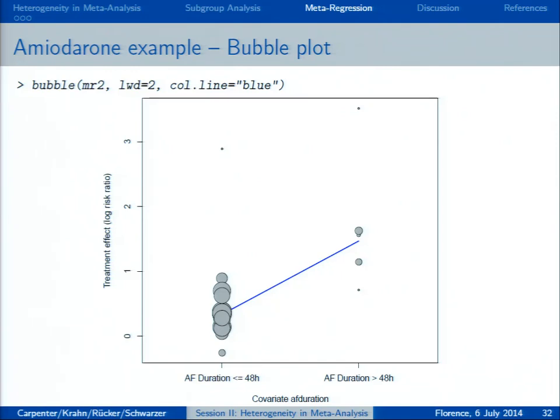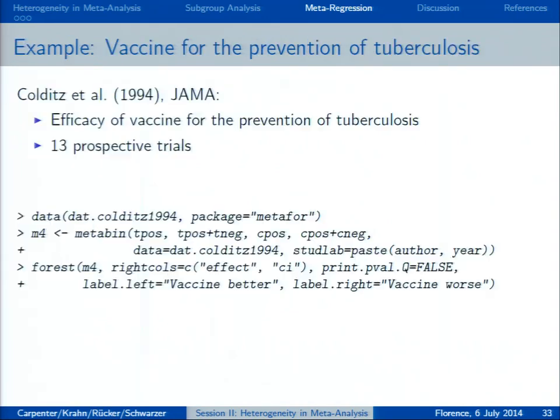You can see quite clearly that the point estimates are different for these two groups of patients. And while there's relatively little heterogeneity in the group of studies among patients who had duration greater than 48 hours, there's relatively more in the duration less than 48 hours, which is consistent with the numerical summaries we looked at a couple of slides ago.